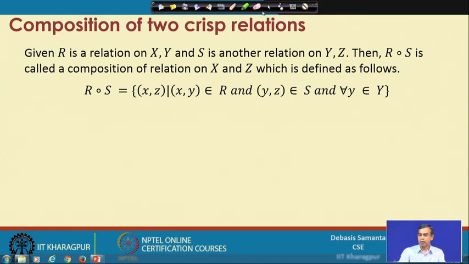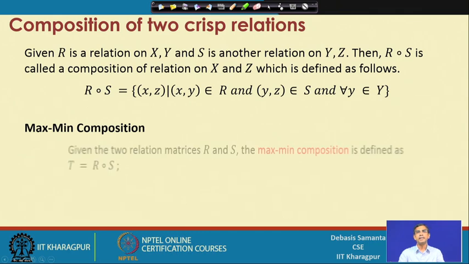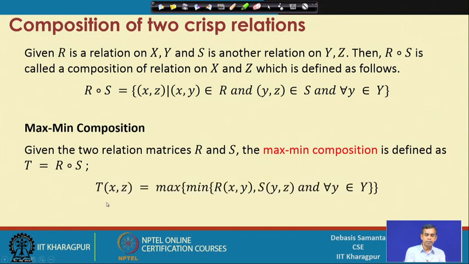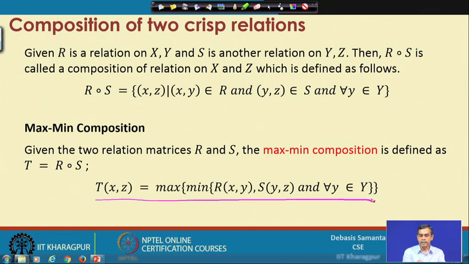Now, the composition operation can be defined mathematically using a max-min calculation. It is called the max-min composition, and is denoted by this expression. The max-min composition is basically this one. Now, it is a little bit difficult to understand at the moment, so I can give an example so that we can understand it.